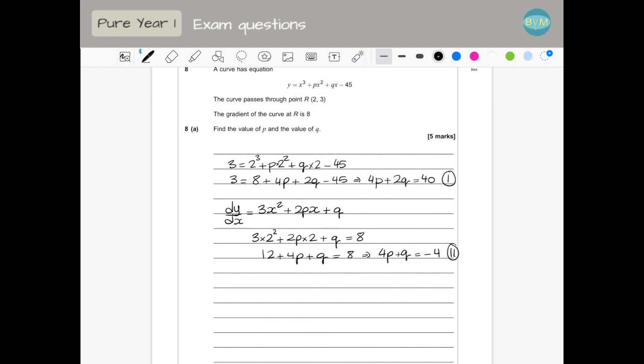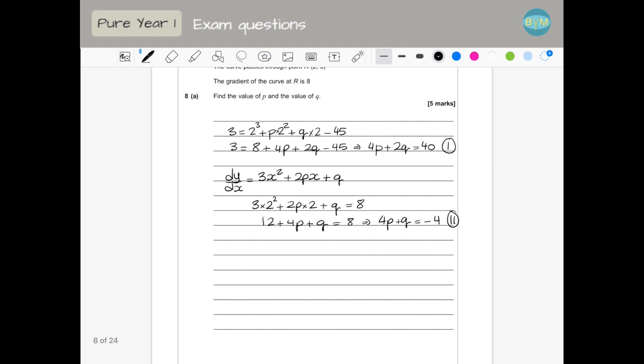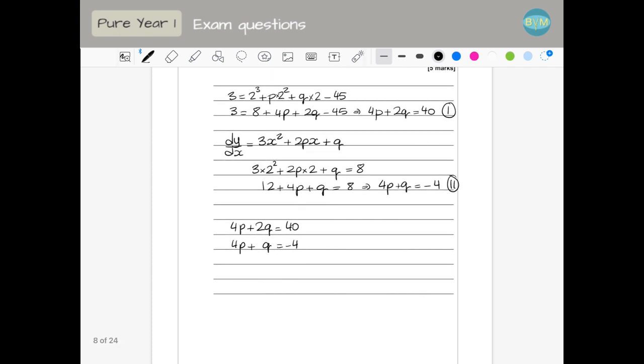If I solve the simultaneous equations, I'm going to find p and q. So we have 4p plus 2q is 40, and 4p plus q is minus 4. I can, for example, subtract. It's up to you how you solve them. I'm going to subtract, so I get rid of the p's, and I have 2q minus q is q, and 40 minus 4, so q is 44.